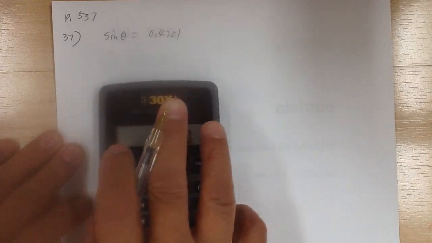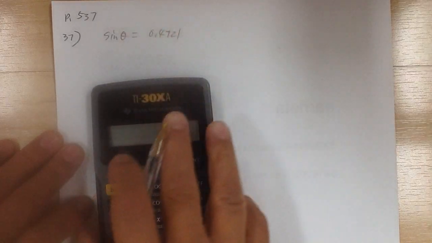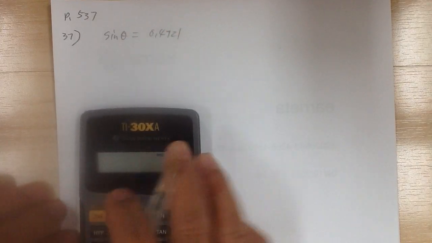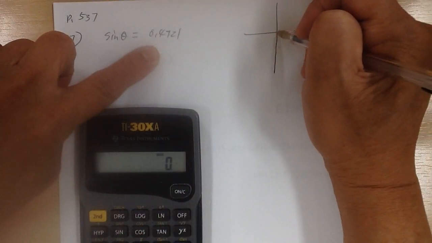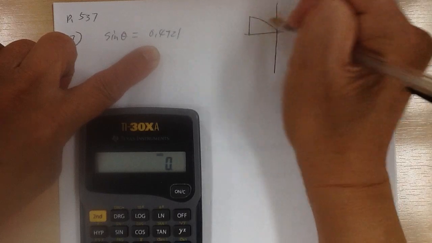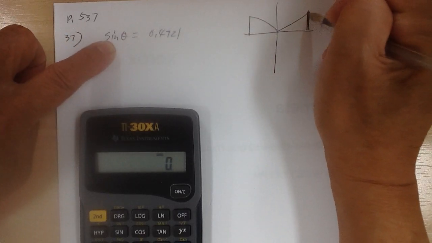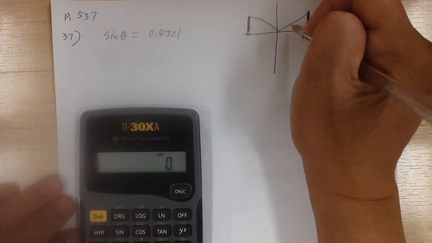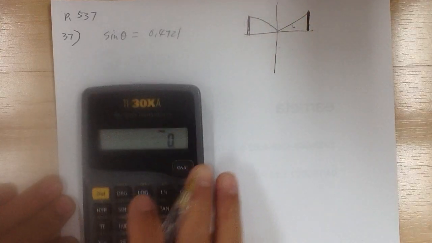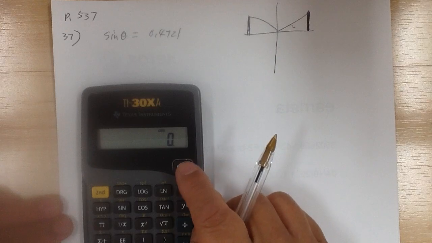So sometimes you have to sketch it out to figure it out. Sine is positive, so you're going to get one angle here and one angle here. Again, sine is vertical, so both of these will give you positive. And when you use the calculator, it will give you this one only. So let's go and figure this out.